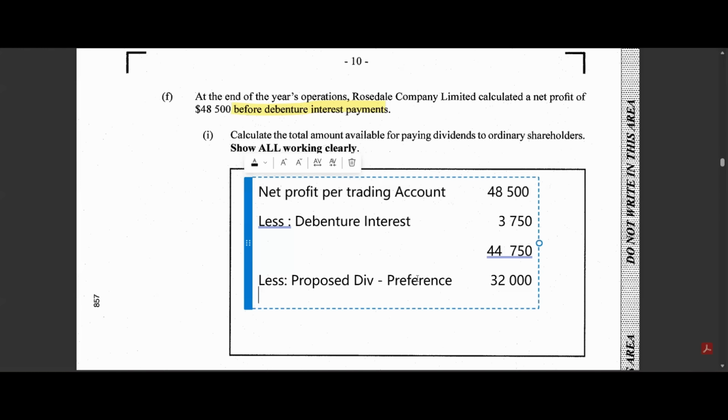Nice. So guys, let's see what's happening here. So if we actually pay out the debenture interest of 3,750, we now have the remaining profit to work with. Preference shareholders will be entitled to 32,000. So guess what? We subtract 32,000 from the available profit, and that will give us the remaining amounts of money that will be available to pay ordinary shareholders.